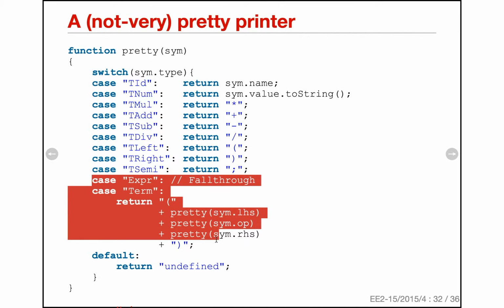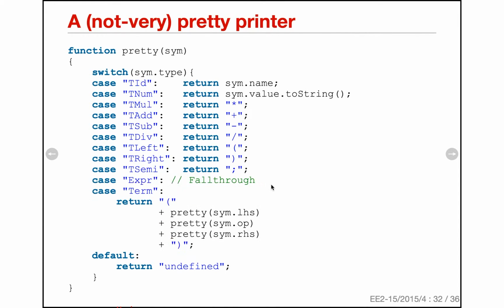Finally, in these cases, we have the composite structured things. And we say if it's an Expr or a term, bracket it for safety, then recursively print the left-hand side, print the operator, one of these, and then print the right-hand side. And this can go back into itself as many times as it needs to.